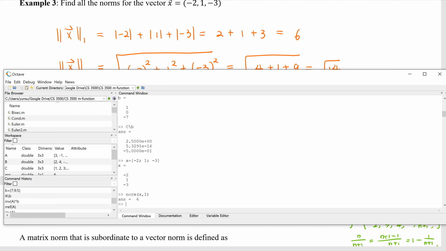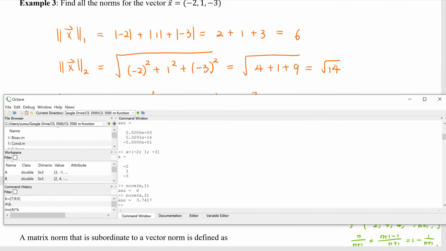See, we get 6. And let's do norm x, 2. We get 3.7417. And what is that? We can actually compute, because here we have the square root of 14. Yeah, so the square root of 14, we get the same number.